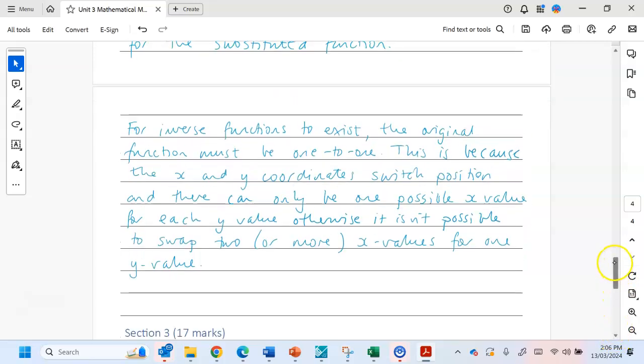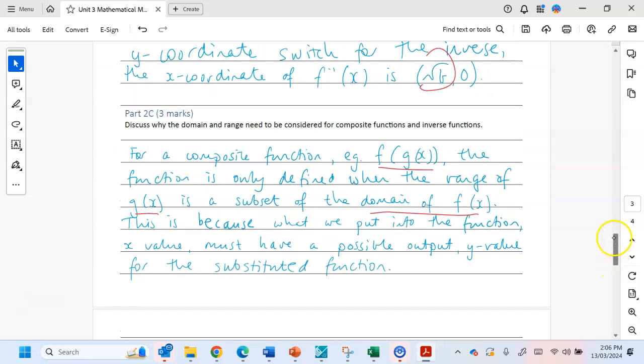So you can see in the SAC, you're not just doing mathematical problems, you're showing a deeper understanding of, in this case, composite functions and inverse functions. So things should be in your bound reference just for you to refer to.